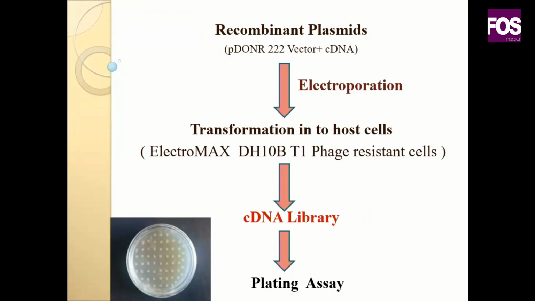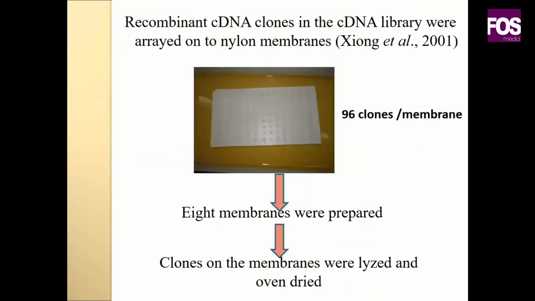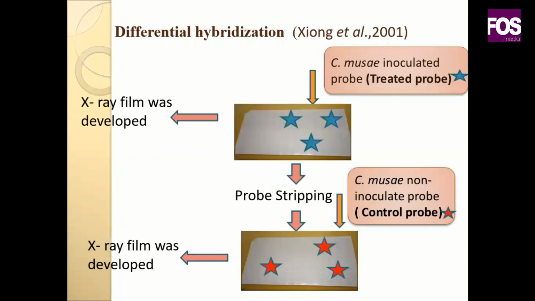This cDNA library was screened for disease resistance by using control and treatment probes. Treatment probe means the probe developed under the inoculation or infection mode, and control means without infection.